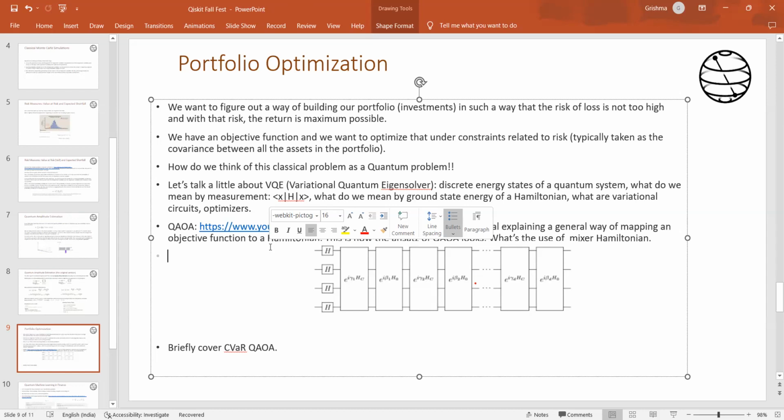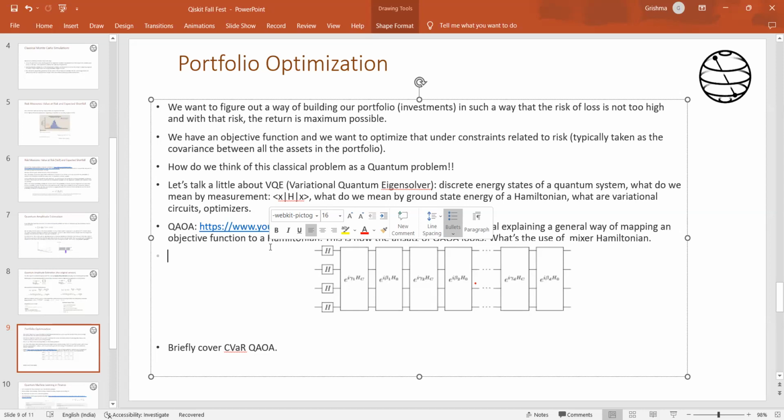But if you want to think of this problem in a quantum way, you would want to map your objective to a Hamiltonian. A Hamiltonian is, in layman's terms, just some kind of matrix. When we talk about quantum systems, we are talking a lot about the energy of the quantum system, the energy states, the eigenstates.